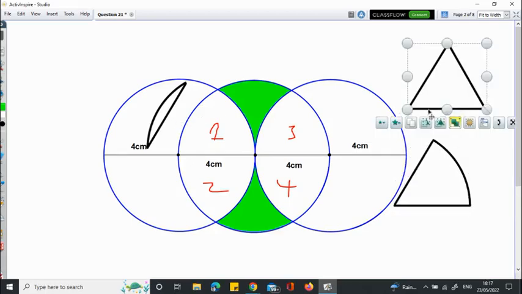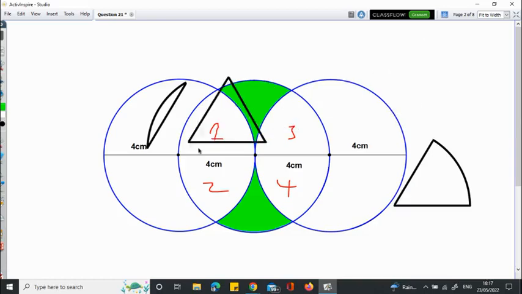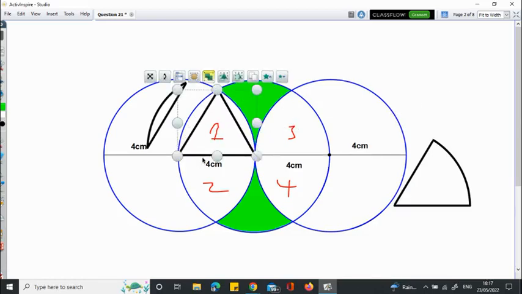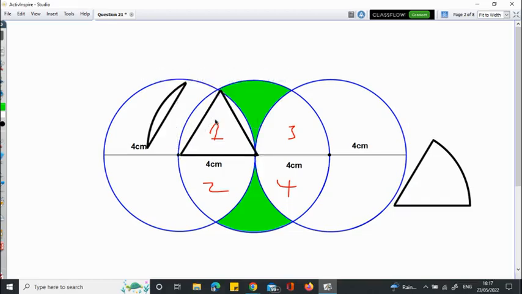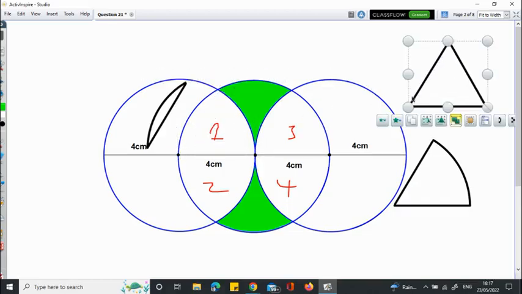First things first, if we just look at this triangle, we can see that this is 4 centimeters, this is 4 centimeters, this is a radius from the center point, this is 4 centimeters, and so is this. This is an equilateral triangle. We know that all the angles add up to 180, so each of these angles is 60 degrees.